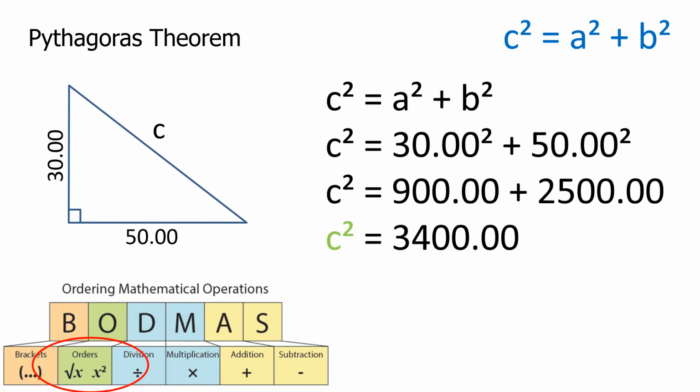I need to make c the subject of the equation, so I need to get rid of the squared. I get rid of this by square rooting the other side. As you can see on my order of operations, the square root is the reciprocal of the squared, or the opposite.